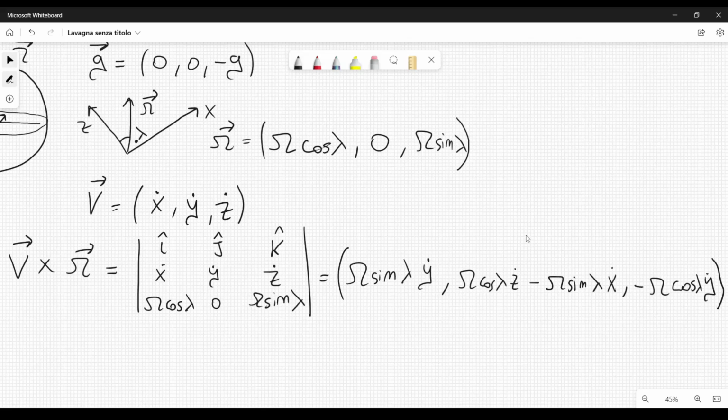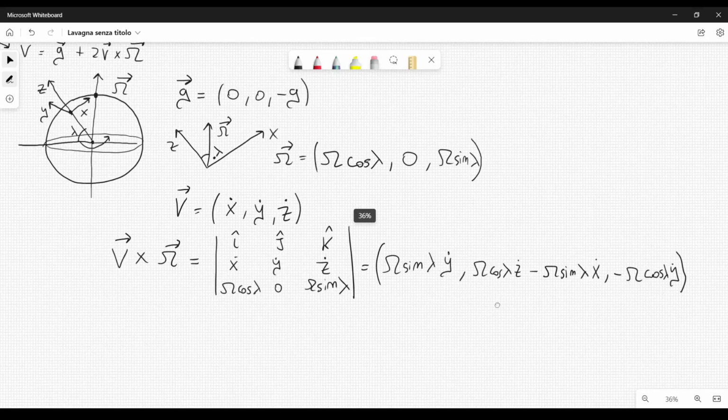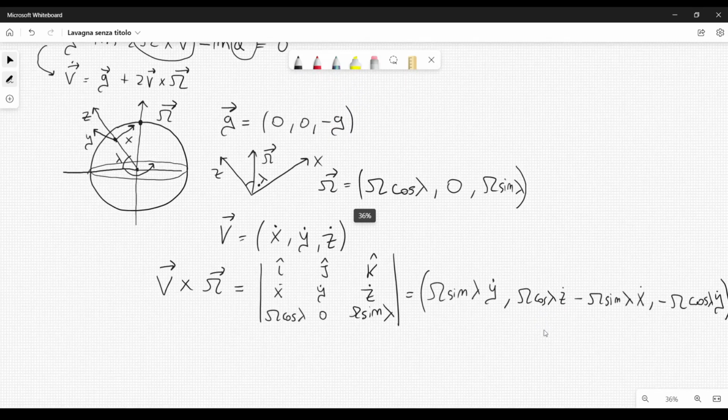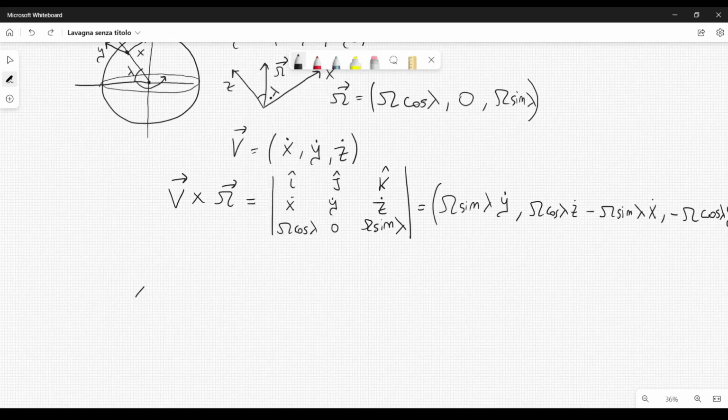Now, since we have calculated this cross product, and we also have g, we can write this equation in three components. So we have x double dot, because we have the derivative of v on the left, equal to 2 omega sine lambda y dot.